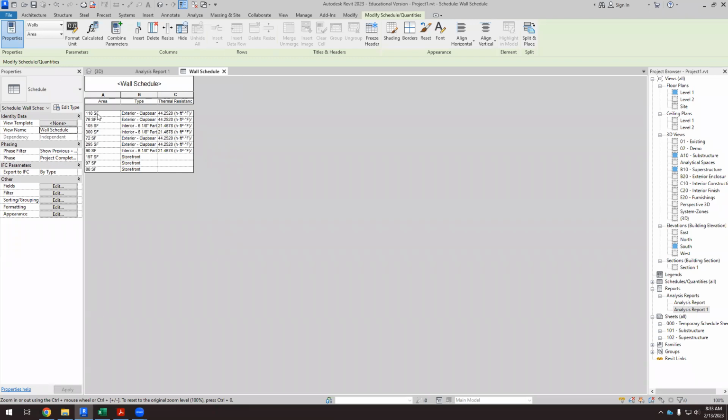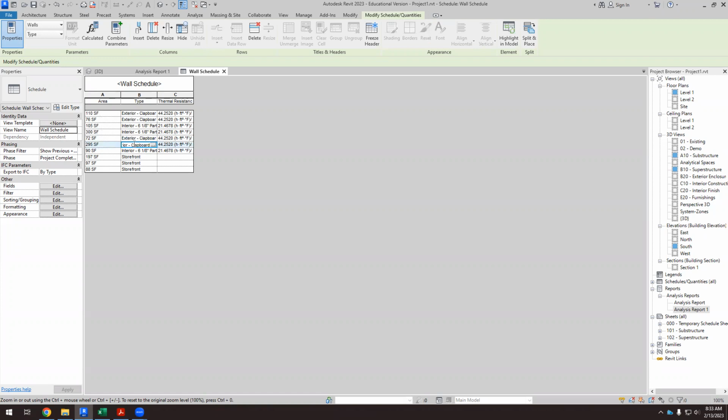So the exterior wall, we have 110, 76, 72, well, 71, and 294, which is 300. Okay, well, probably this is more accurate, or no, the exterior is 295.